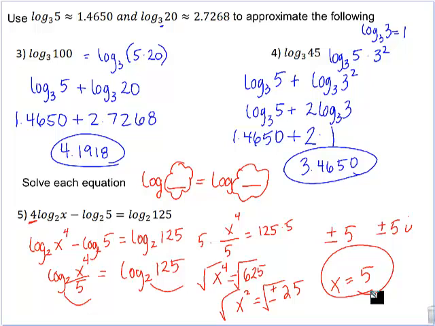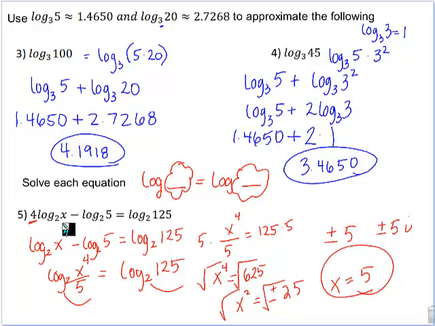Well, this should have 4 answers, and sometimes some more of these answers might end up working. So we don't just want to cancel them out without even considering them. But we know that this has to be positive inside of our logarithm, and the only one here that ends up being positive is 5.